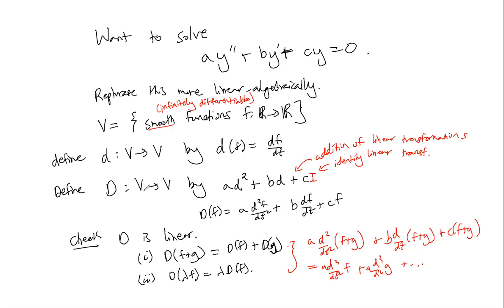And the point of all this is, what's the input for little d? This d is a linear transformation here, and it takes in a function and outputs. Maybe this is a little confusing because d by dt is a well-known symbol for differentiation, and this little d here is just a symbol I'm using for a transformation.